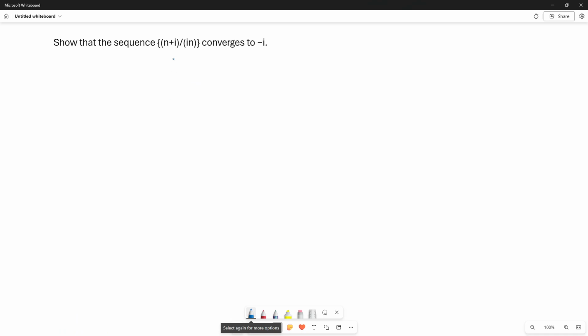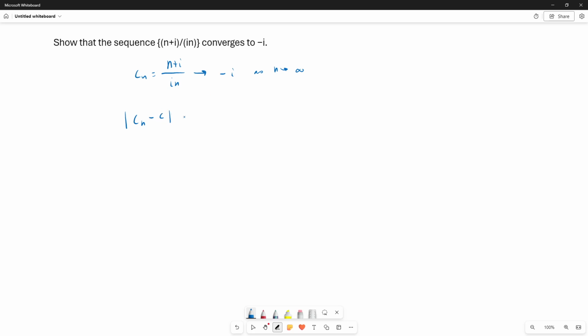We will show that the sequence (n + i)/(in) converges to negative i as n goes to infinity. According to the definition, we need to control the modulus of the difference between the sequence itself and the proposed limit.